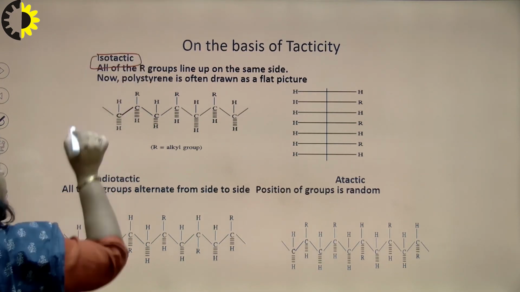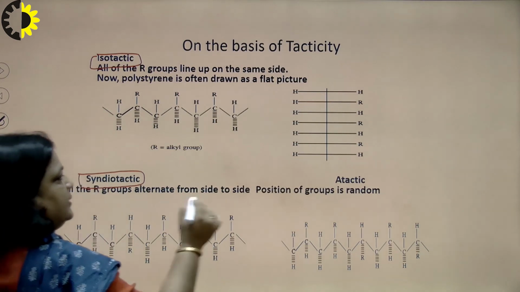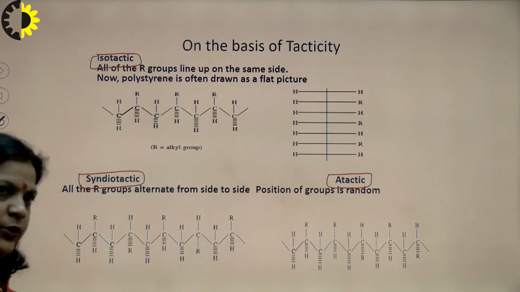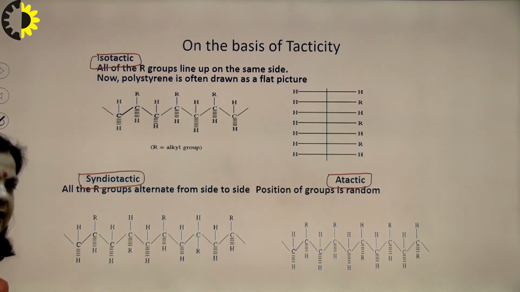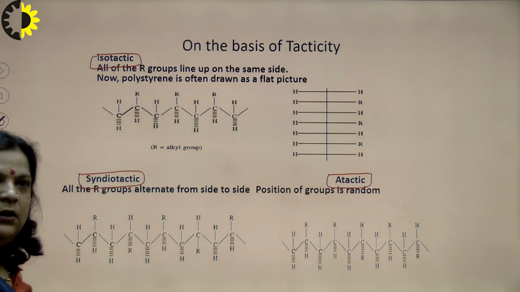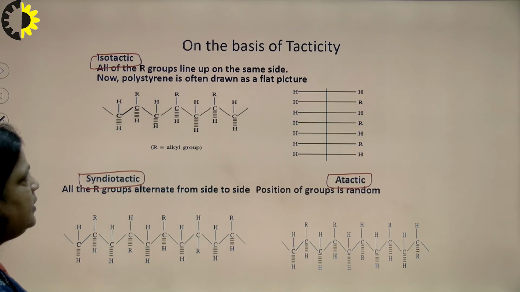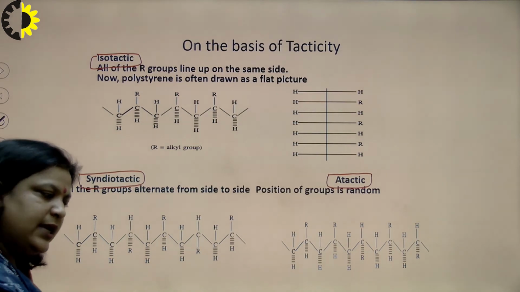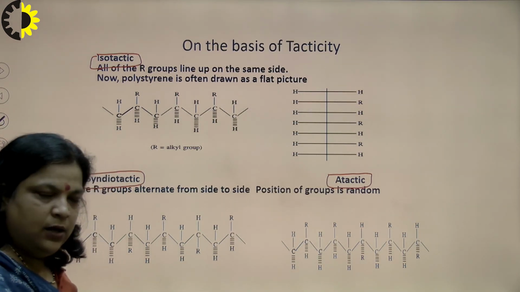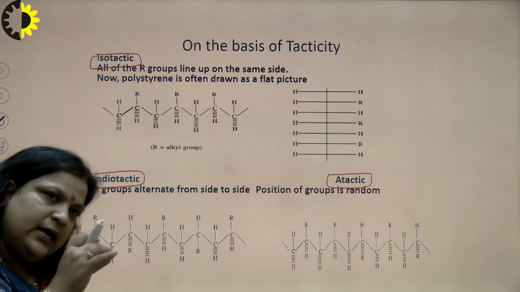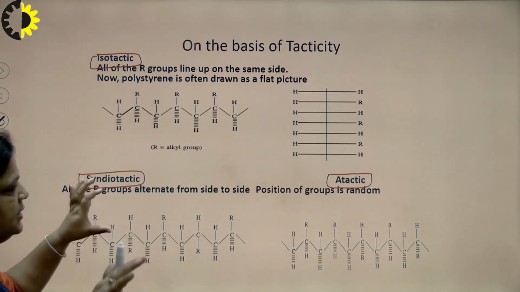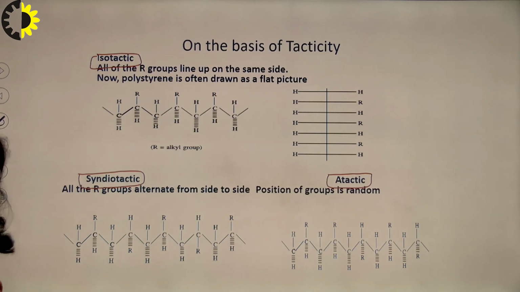Second is syndiotactic, this, and third is atactic. Tacticity means spatial arrangement, or stereochemistry, of the polymer. Isotactic arrangement means in a polymer chain, the same groups are on the same side, lined up on the same side. Then this type is called isotactic.